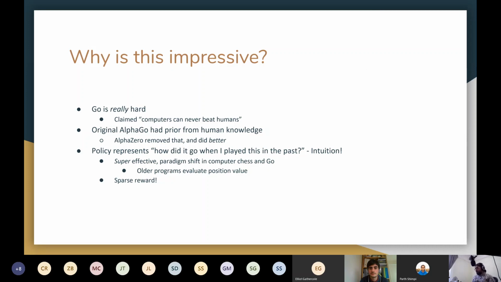This is saying, when I played this game in the past, how many times did I win? And this is a lot more analogous to the human intuition of when I look at a state, how happy do I feel about the state? How likely do I think I am to win in this state? This is a complete paradigm shift in how computer gameplay works.